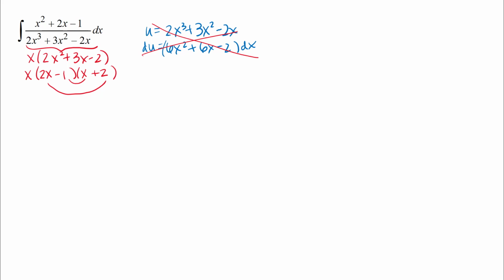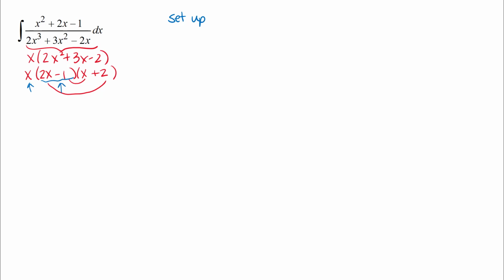I'm going to get rid of this u substitution that did not work here. Okay, so I cleaned that up a little bit so that we can set up the partial fractions here. For this partial fractions, I have three distinct degree 1 factors, x, and then 2x minus 1, and x minus 2.